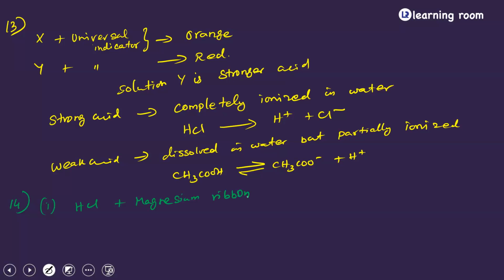Mg plus HCl gives MgCl2 and it will liberate hydrogen gas. It becomes 2. Second, hydrochloric acid with sodium hydroxide. HCl plus NaOH, neutralization taking place.